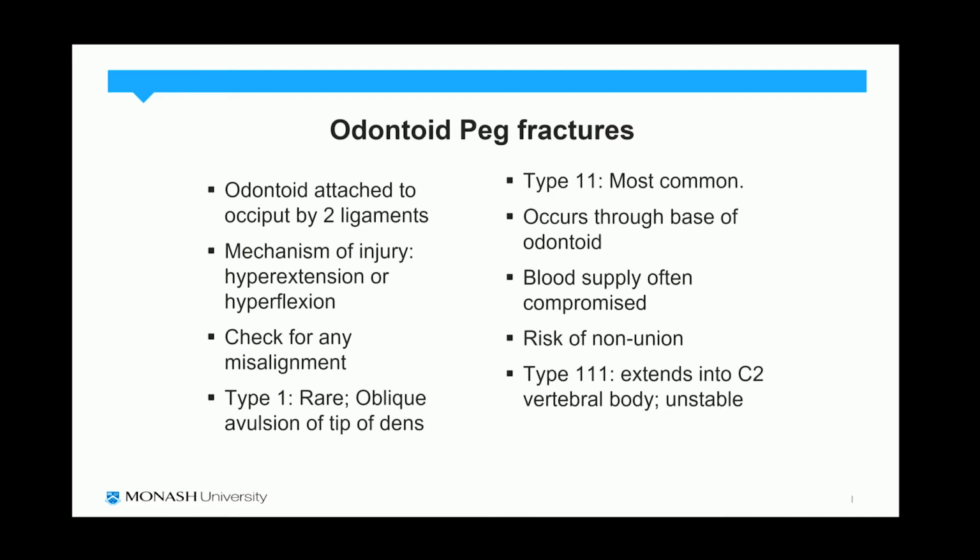It's an oblique fracture, which is an avulsion of the tip of the dens. The most common one is type 2, and this occurs through the base of the odontoid. Important to be aware that the blood supply can often be compromised, and then there's a risk of non-union. Type 3 extends into the C2 vertebral body, and that is unstable.